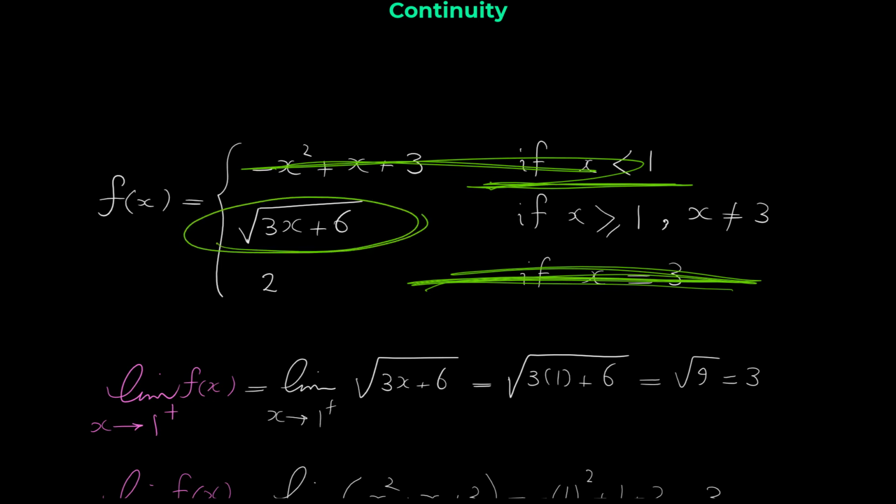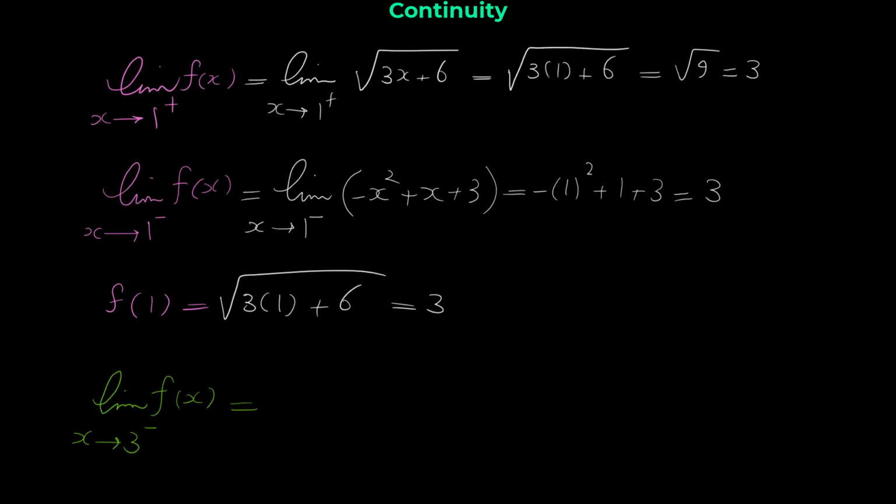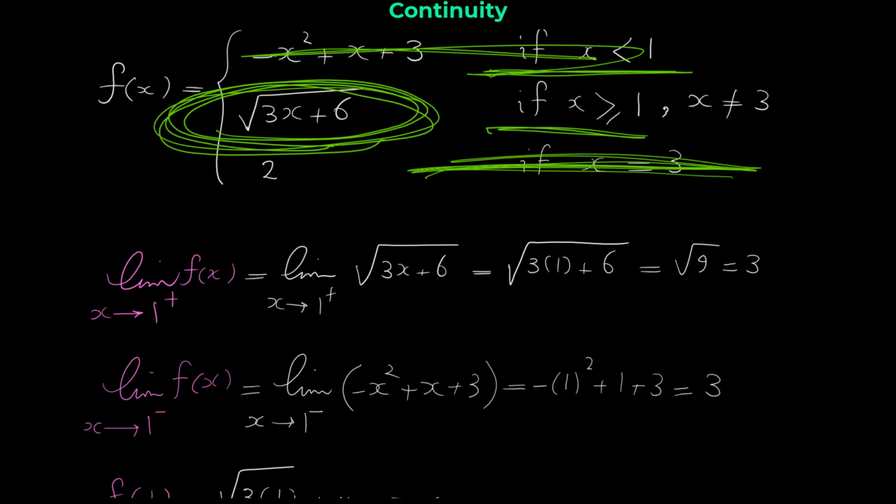You have to use this equation because you can use it for any value greater than 1 but not equal to 3. When x approaches 3 from the left, you can think of it as something like 2.99, or 2.9999, a number close to 3. That number falls in this region, greater than 1 but not equal to 3.